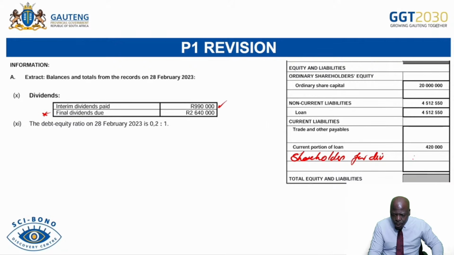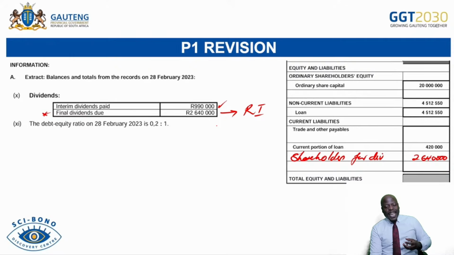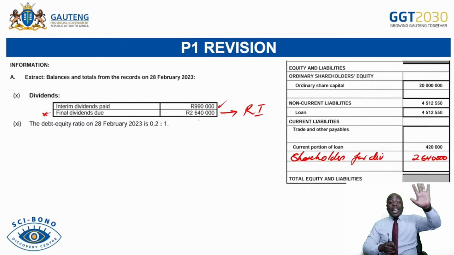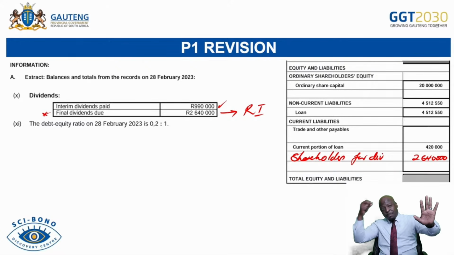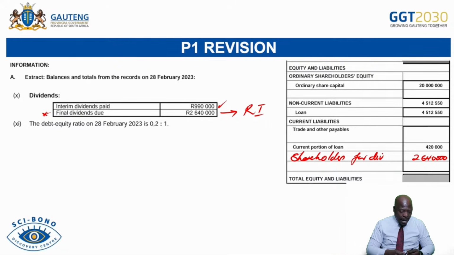And that's your 2,640,000. At times you can be given this, and you are required to open your retained income note, and then you can still use this information to prepare your retained income note. Or you can be given the retained income note, and then you can get information from there to place in your statement of financial position. So at times the examiner can give you some of this information, and then you simply need to take it and place it in the rightful place.